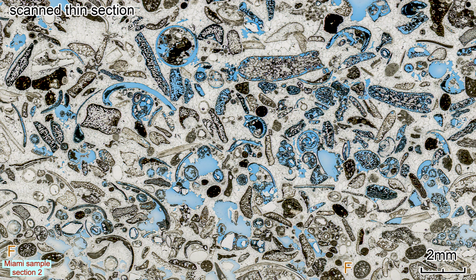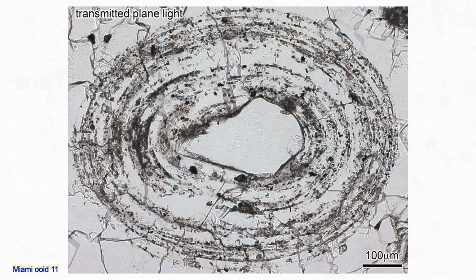Here, ooid 11 on the lower right, encased by intergranular cement and its cortex completely transformed to calcite, is singled out for discussion. Images of ooids, like this one of ooid 11, have been used to illustrate the process of calcitization, where a film of fluid about a micron wide sweeps across the cortex, dissolving aragonite on one side and simultaneously precipitating calcite on the other.